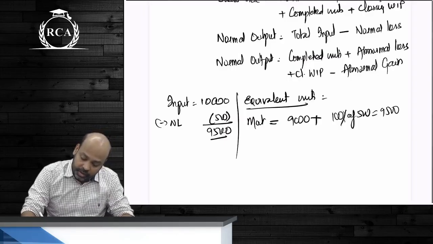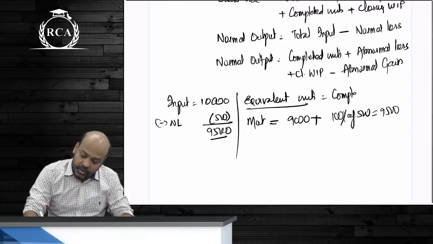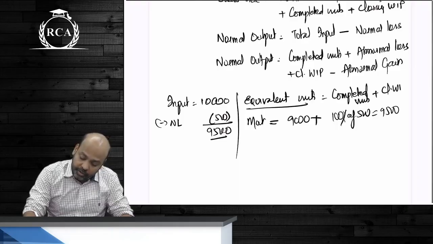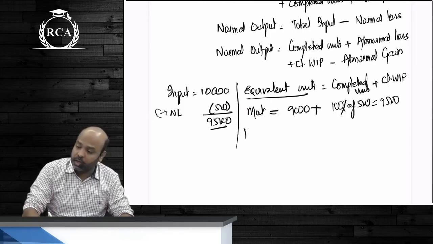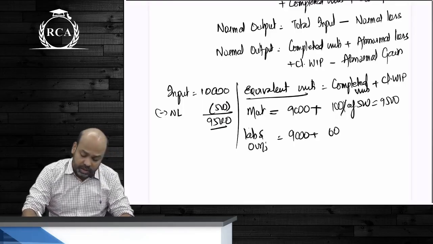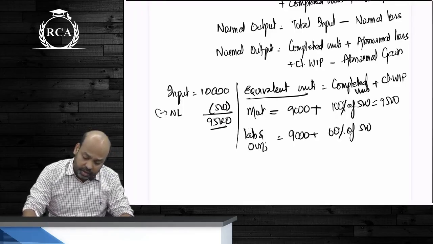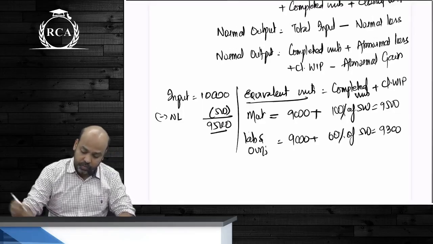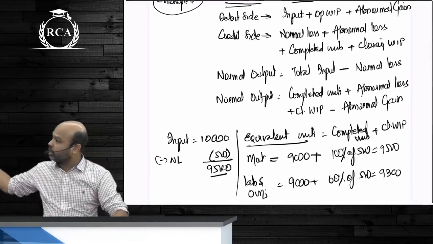Here we are writing completed units plus closing work in progress, but for closing work in progress you have to take equivalent units. You cannot directly add the total. For labor and overheads, what will I write? 9,000 plus 60% of those 500 units. Did you understand what I wrote above?